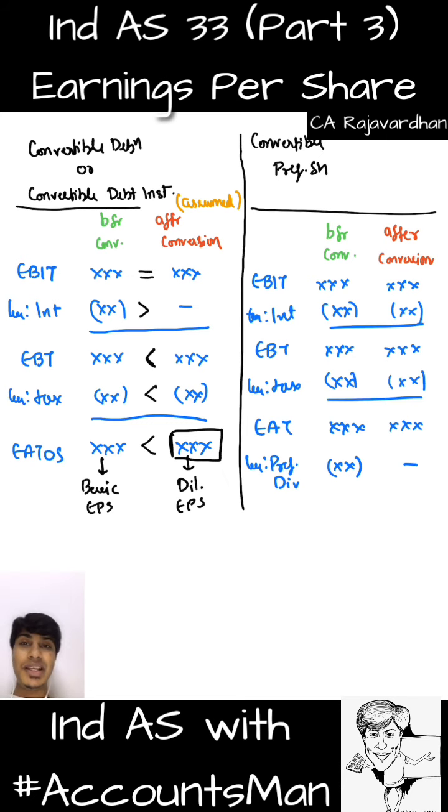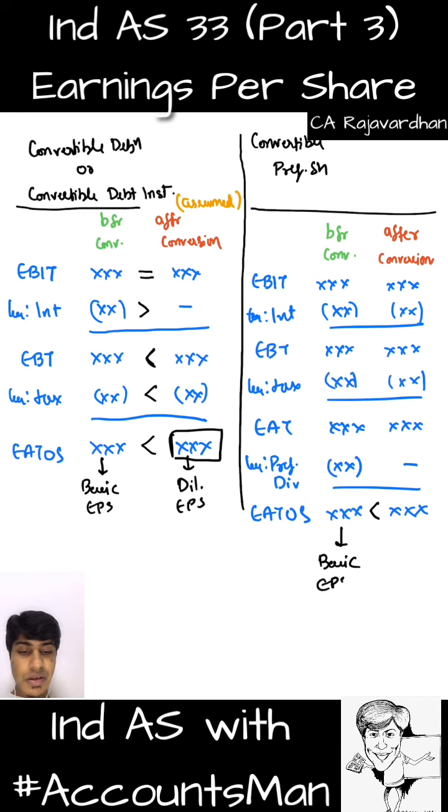They will not take money like preference shareholders. You get that? So I need to write one more, isn't it? Earnings available to ordinary shareholders. That would exist in both the cases, but in the after conversion case that will be a little more. You get that?